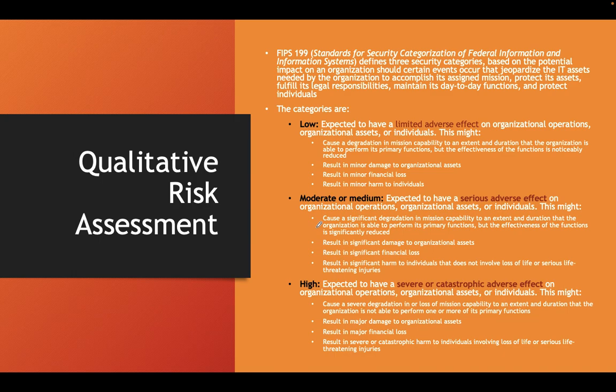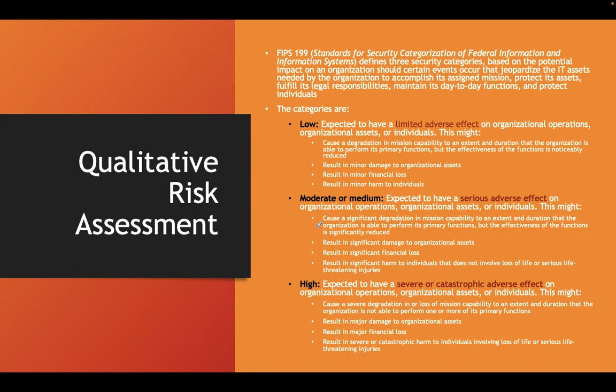Now let's take a look at qualitative risk assessment. In qualitative, we're going to look at these three categories. But before we talk about the three categories, the FIPS 199 document, the Standard for Security Categorization of Federal Information and Information Systems, defines three security categories.